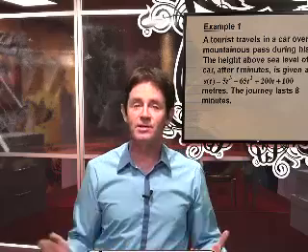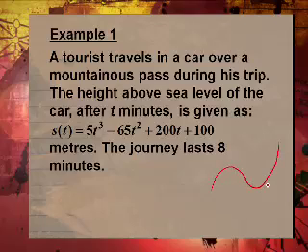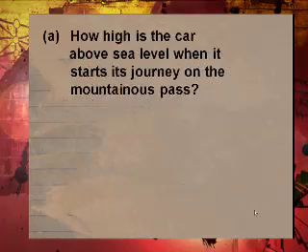It's a very happy cubic, so it goes up and down and then up again. So he's traveling, and we want to answer some questions about this. How high is the car above sea level when it started its journey on the mountainous pass?